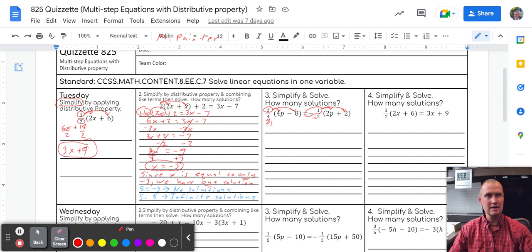So I got 8p minus 2 times -8 is going to be -16 over 4, because that 4 will also be distributed as a fraction as well.